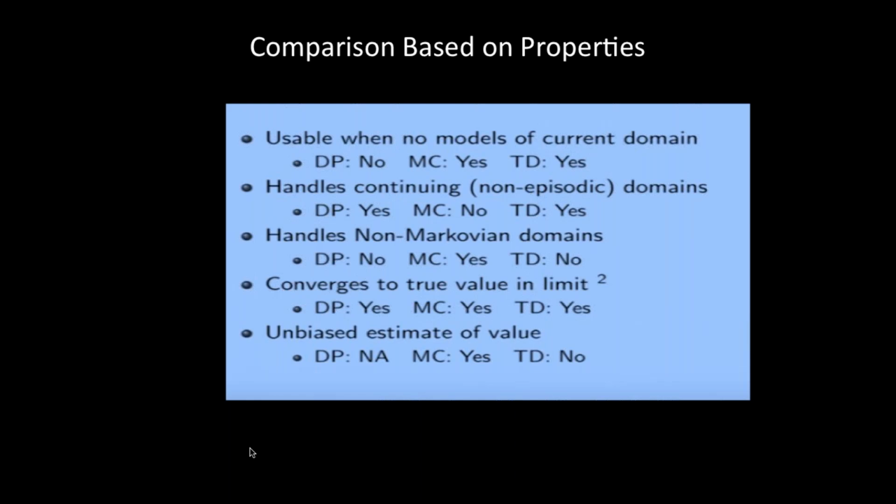An unbiased estimate of the value: in DP, because you have programmed it, everything is in your control. It doesn't matter, so definitely it is going to be there. Monte Carlo, yes, we have said that it is episode to episode, episode to episode. There is very little variance in that.